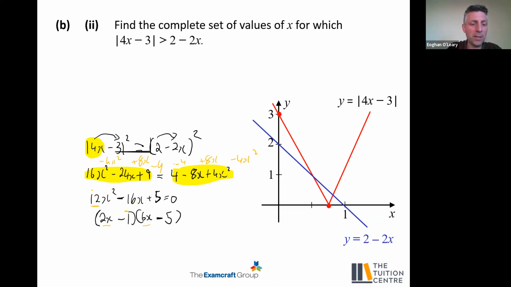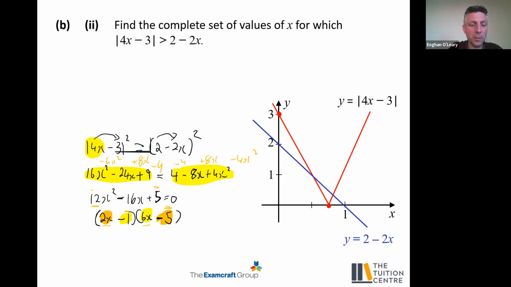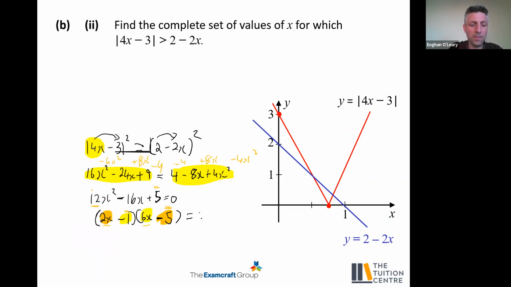If I multiply minus 1 times my minus 5, we will get my plus 5. And then, of course, if I multiply my 2x times minus 5, that'll give me minus 10x. If I multiply minus 1 times 6x, I will get minus 6x. And if I put that together, I will get my minus 16x in the middle. So I'm on track. So I can say that's all equal to 0.